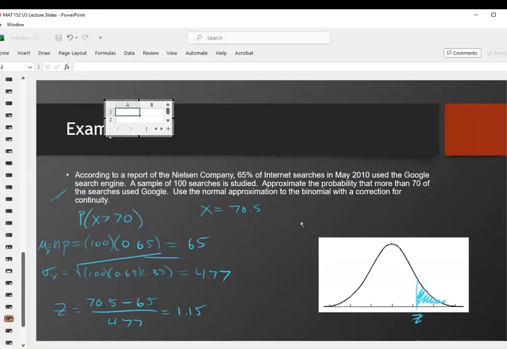Because we want the area to the right, or greater than, in Excel we have to do equals 1 minus the area to the left, which is NORM.S.DIST, and then our Z value, which is 1.15. And so 12.5%. I'm really bad at reading that last number. 12.51%.